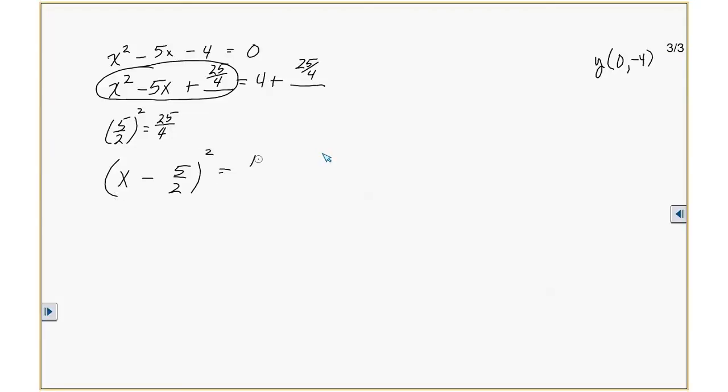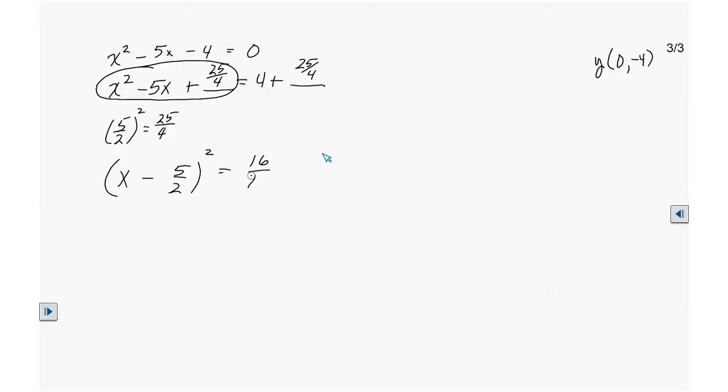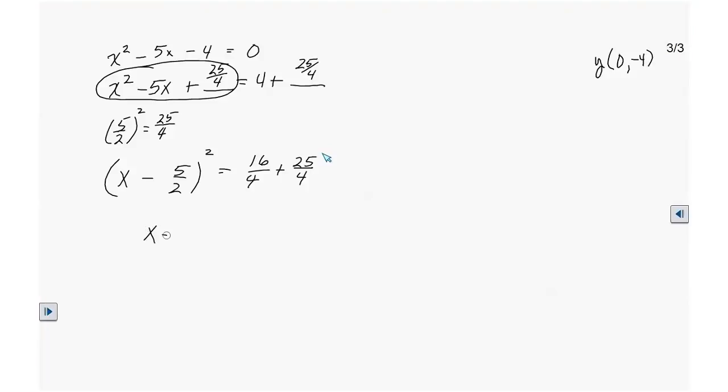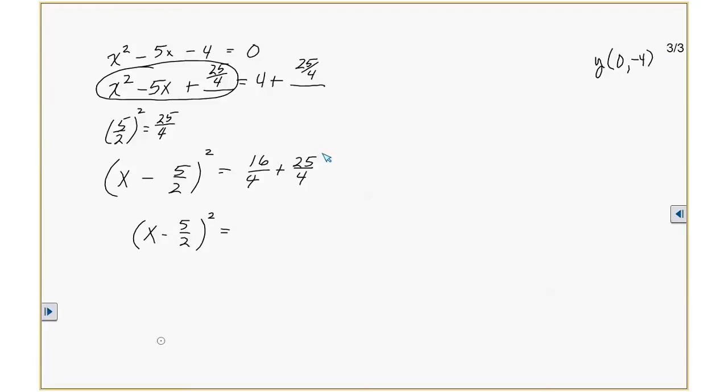And 4 is 16 fourths plus 25 fourths. X minus 5 halves squared is equal to, I have no idea, 41 fourths.